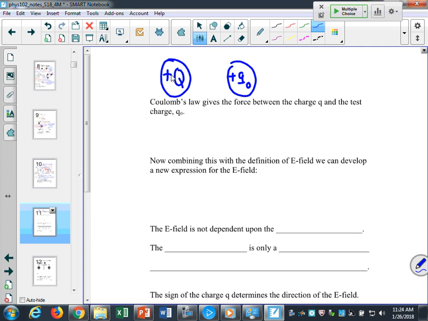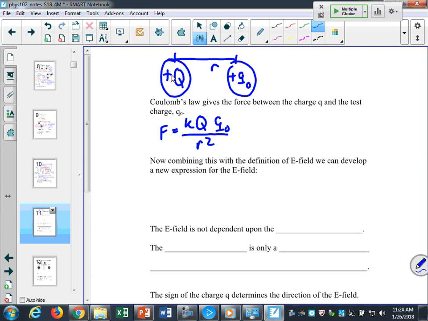But if I want to know the force between these two, I use Coulomb's law. Say F is equal to K, Q times Q naught divided by the distance between them, R squared. Right, the distance is R. So that's my force. That's Coulomb's law, what we've seen already.